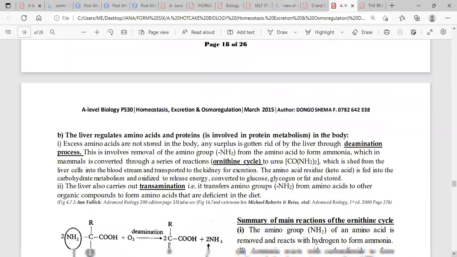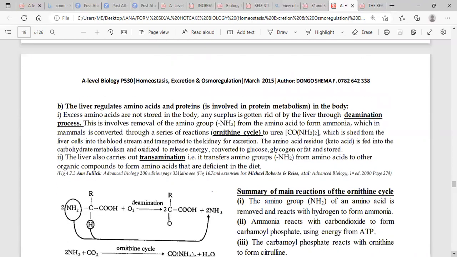Another role of the liver: it regulates amino acids and proteins. That is, it is involved in protein metabolism in the body. In Roman 1, we say we cannot store excess amino acids in the body.